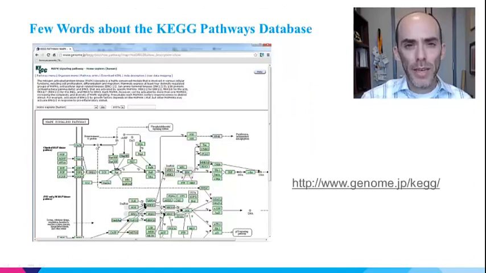So if we go to the KEGG database website, those pathways are described in images shown as directed graphs, where the nodes are mostly proteins, and they are connected based on their functional or physical relationships that describe the flow of the signal, typically from the membrane.